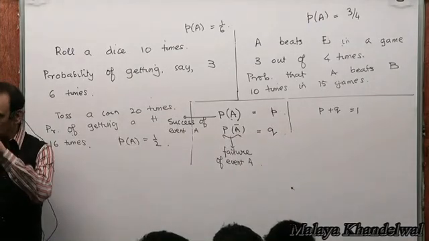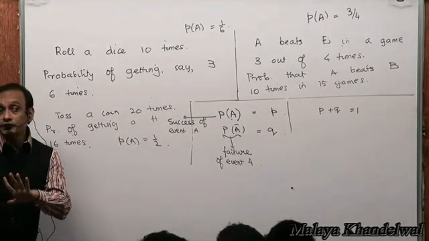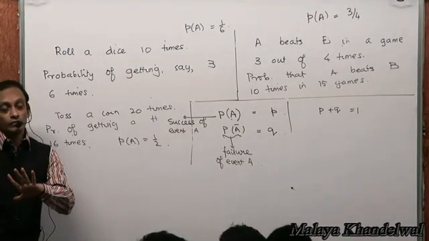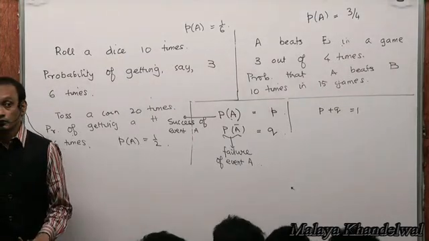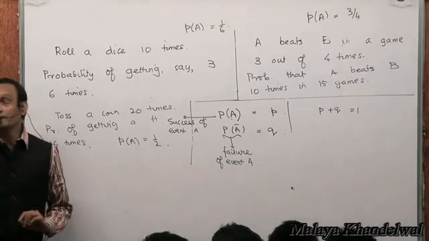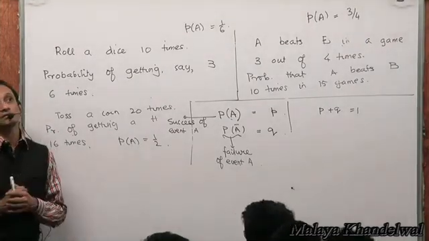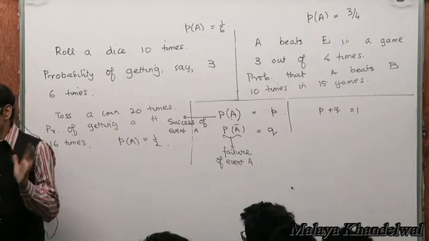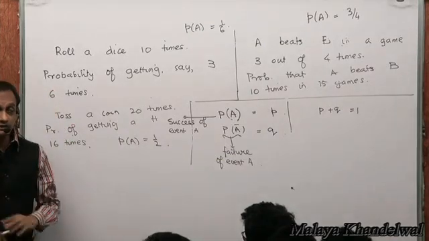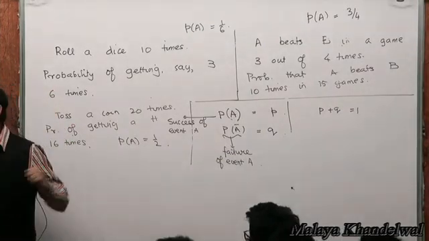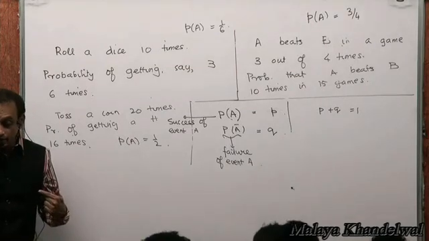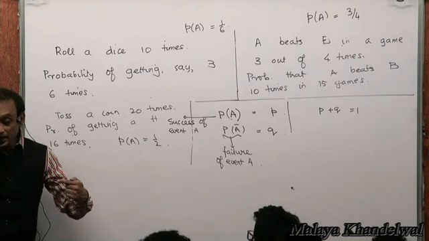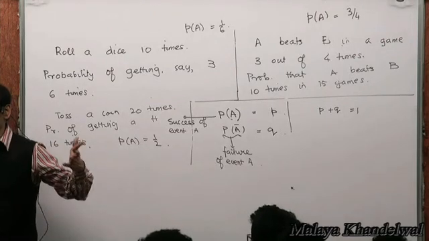In one trial, I want to find the probability of success of that event a certain number of times, right? If I perform the experiment n times, I want to find the probability that it was successful r times.